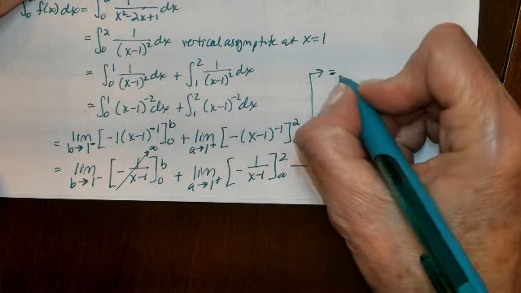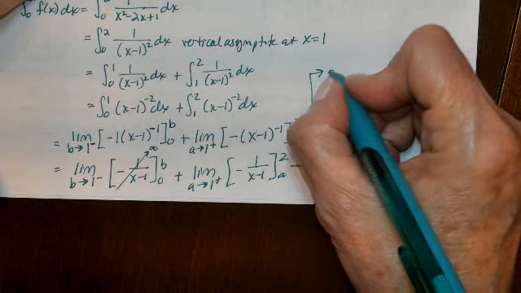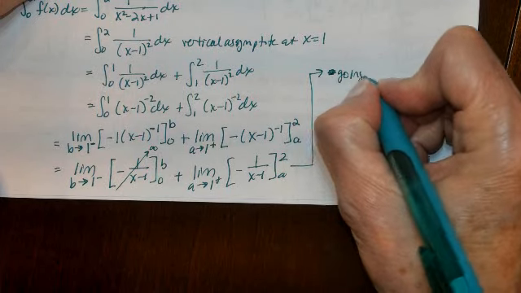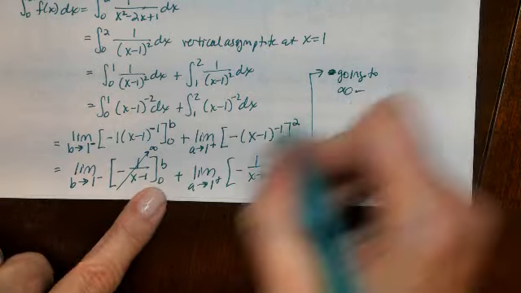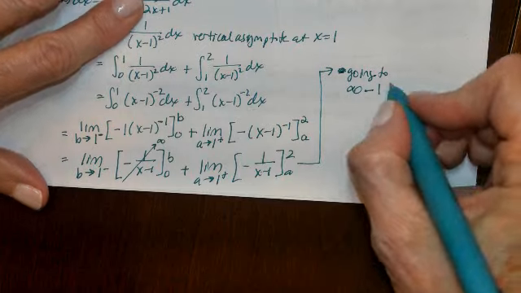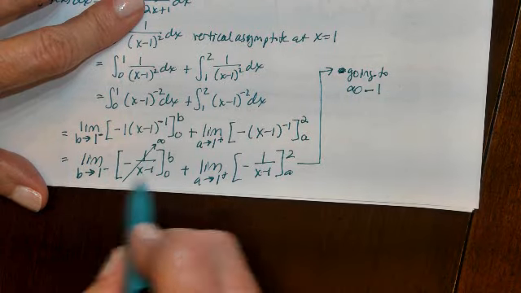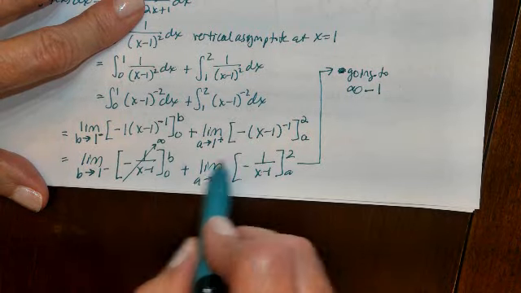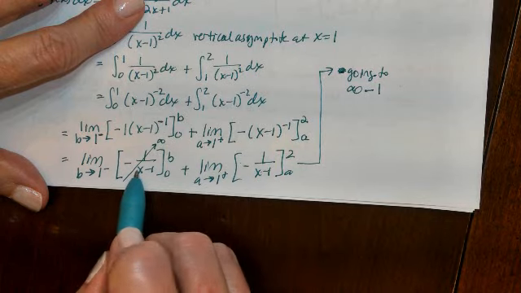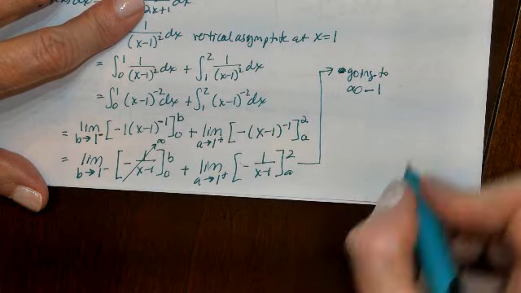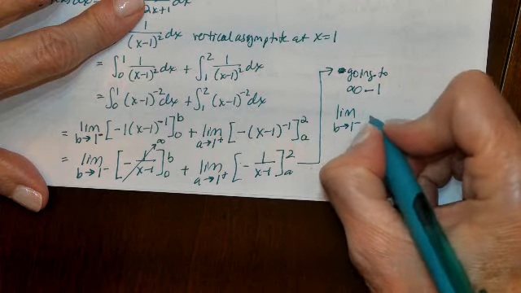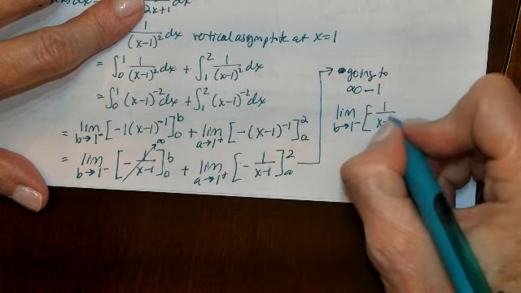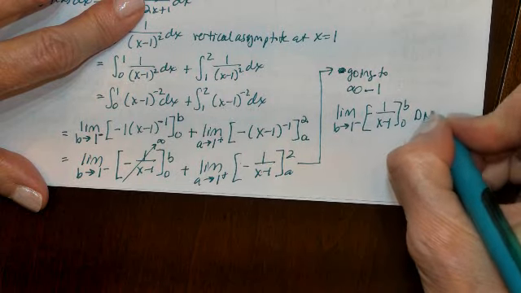So this is going to infinity minus, if we put 0 in for x, that's not a problem, that's just 1. And you know what? Since we got this for this limit, that means this limit does not exist. I don't even need to go and do that limit because the limit as b goes to 1 from the left of this does not exist.